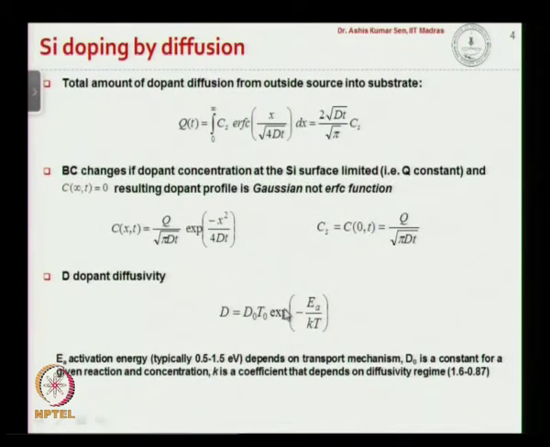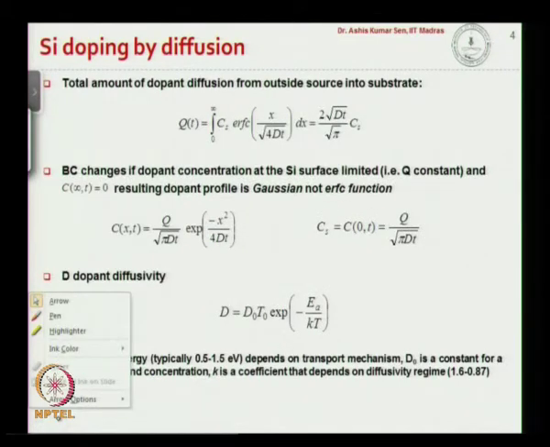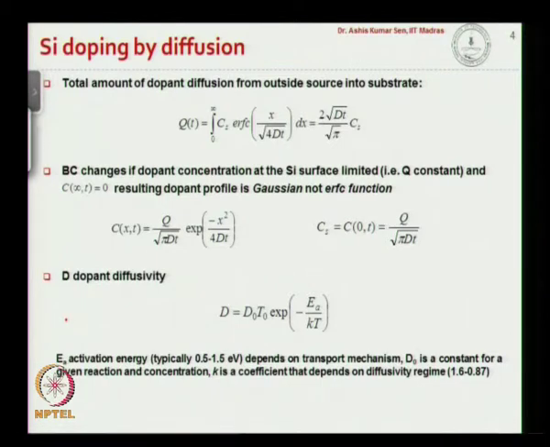Now knowing the variation of concentration with x and t, we can find out the total amount of diffusion that occurs from outside the source into the substrate. So you can find Q(t) as the integral from 0 to infinity of Cs times the complementary error function of x over square root of 4Dt, dx.